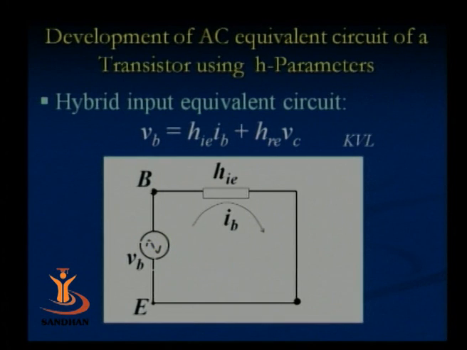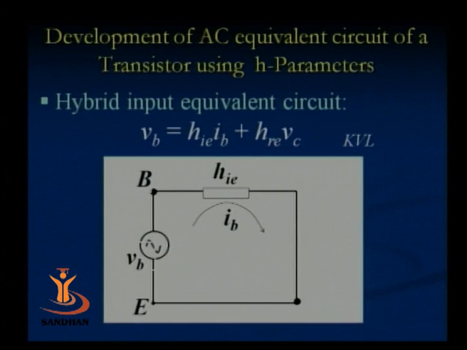Second term, HIE IB: HIE represents the impedance or resistance, and when a current IB is passing through HIE, it represents a voltage equal to HIE IB. So we designate the term HIE IB in the circuit like this.